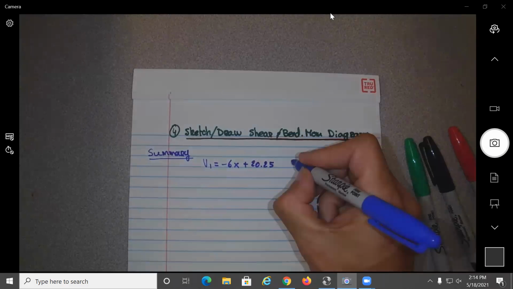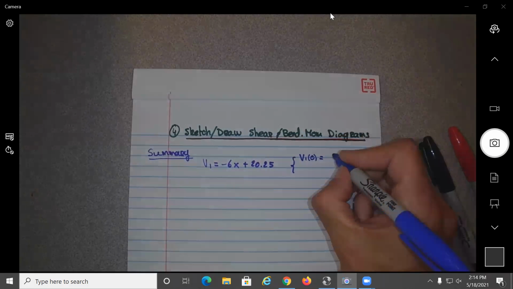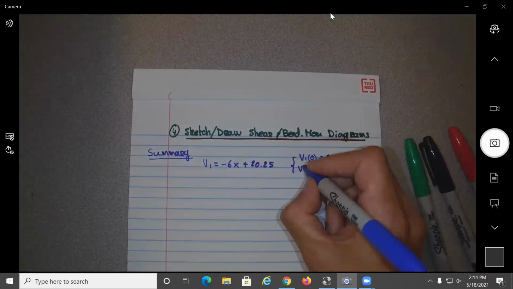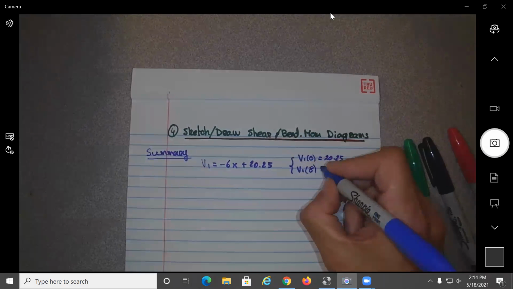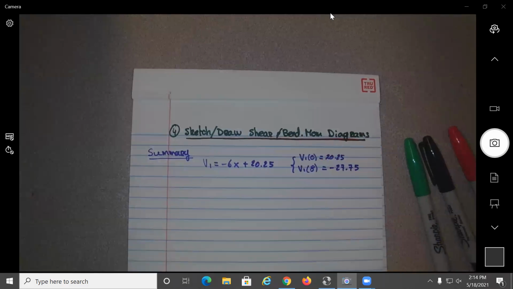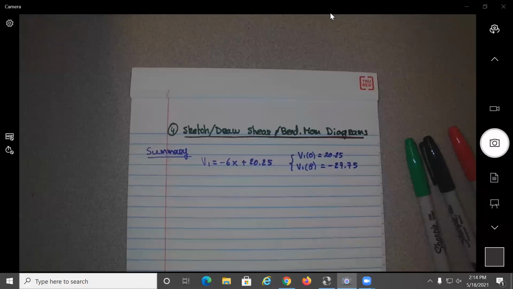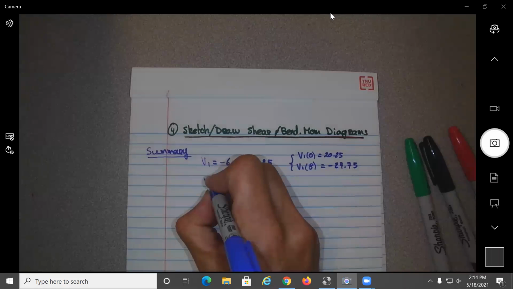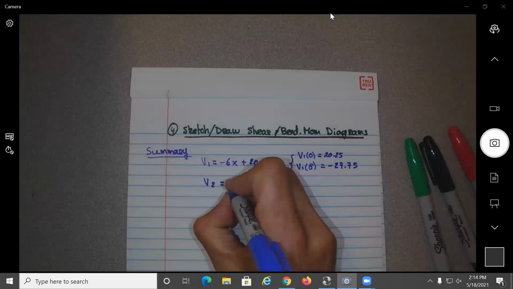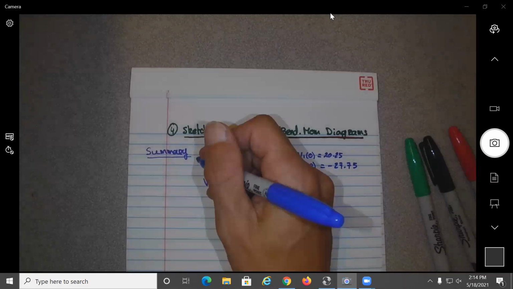And we knew here that V1 at 0 was equal obviously to 20.25, and V1 at 8 equal to minus 27.75. Then we know that V2 is constant, is equal to 5. Okay? So this will be for the shear.